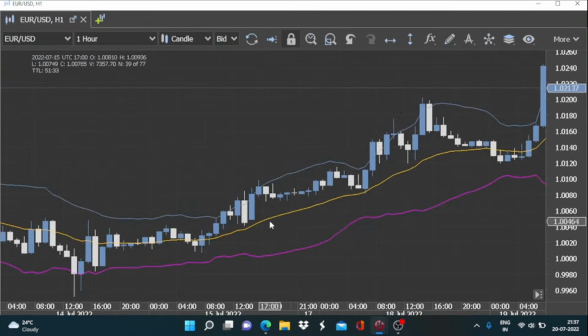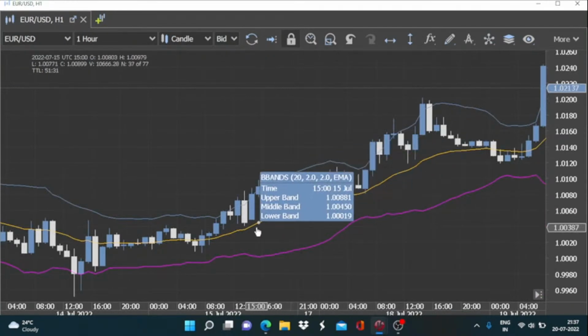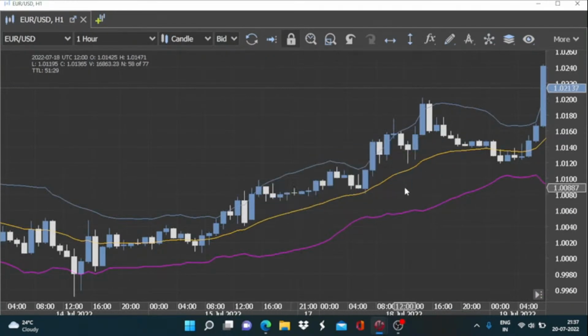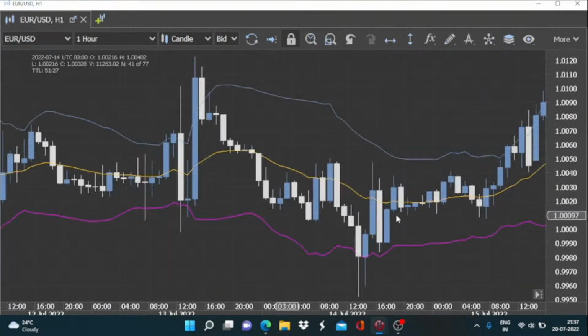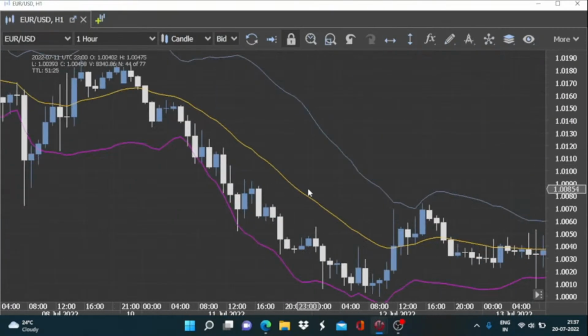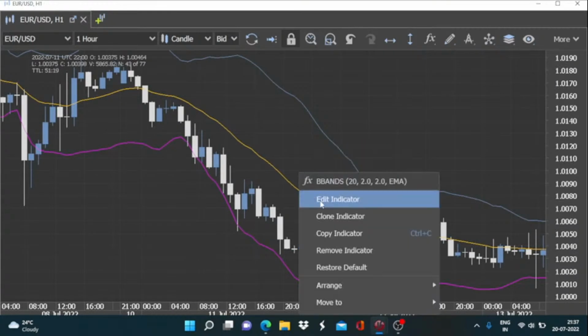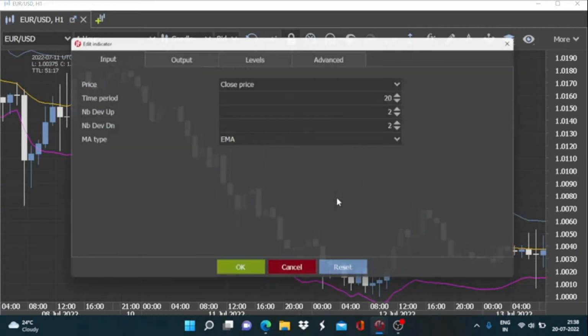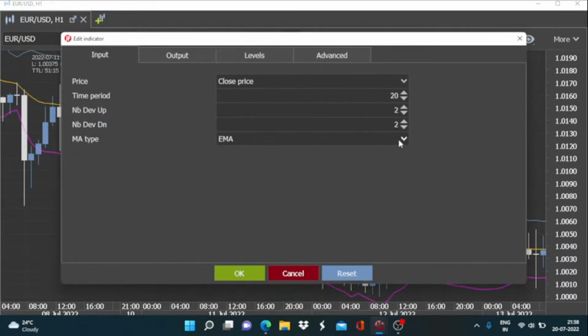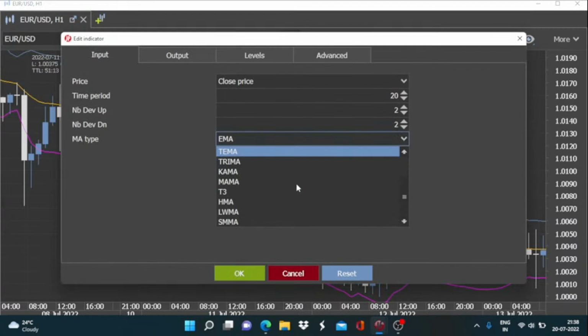If we see that the middle band is rising, then it is better to keep looking for buying opportunities. If the middle band is in decline, then it is better to look for short sale opportunities. And this middle band is nothing but the EMA which we have chosen here. You can change the MA type.